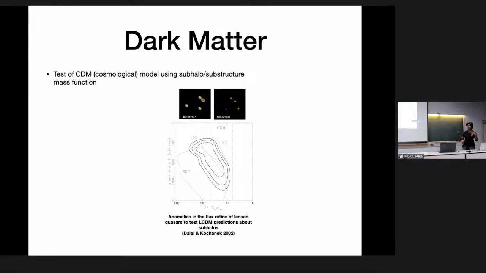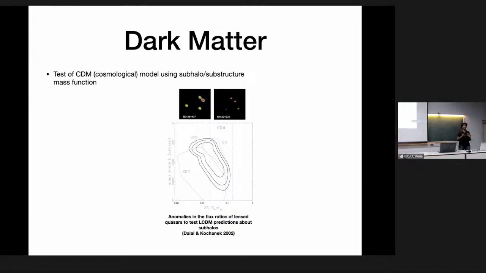Once we started to find lots of lens systems, there was a study by Dalal and Kochanek, where they analyzed a set of lens systems which seemed to have peculiar properties. When you look at the different images and calculate their relative magnifications, they found that simple models like the isothermal density profile could not explain the relative magnifications.